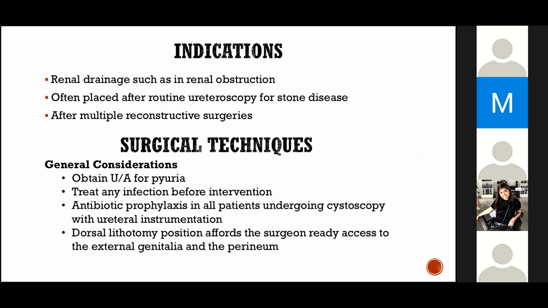General considerations: obtain urinalysis for pyuria, treat an infection before intervention, give antibiotic prophylaxis in all patients undergoing cystoscopy with ureteral instrumentation. Dorsal lithotomy position affords the surgeon ready access to the external genitalia and the perineum.